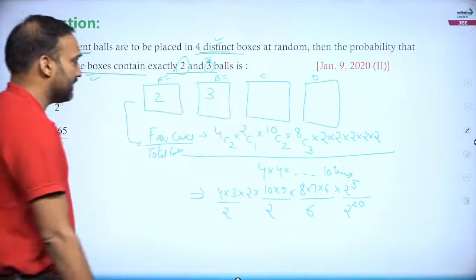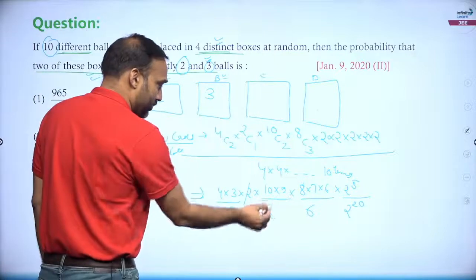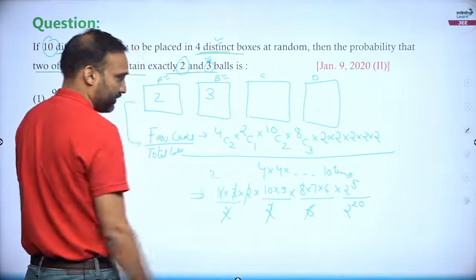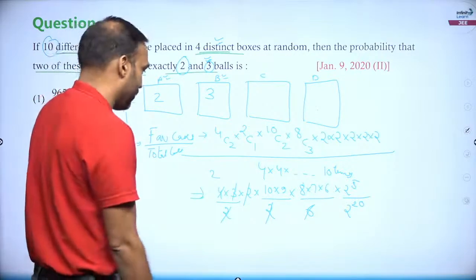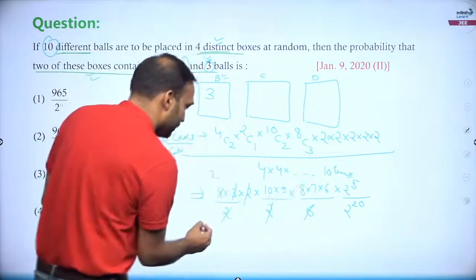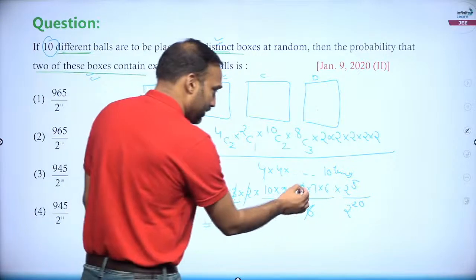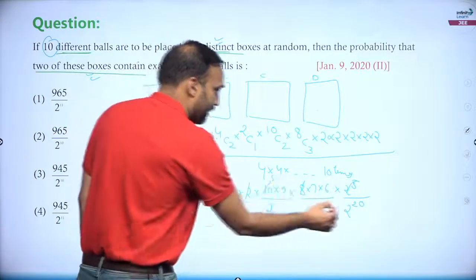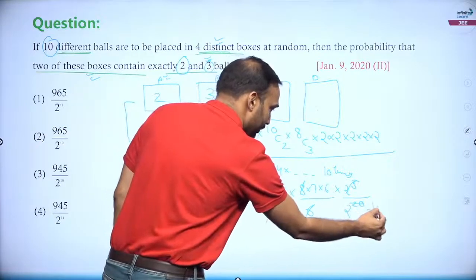Right. So we can simplify this. 2 gets out. 2, 3, 6. Right. So now we are left with all these values. So this is 1, 2, 4, 9, 10, the 2s are out. So we are left with 2 raised to power 10.